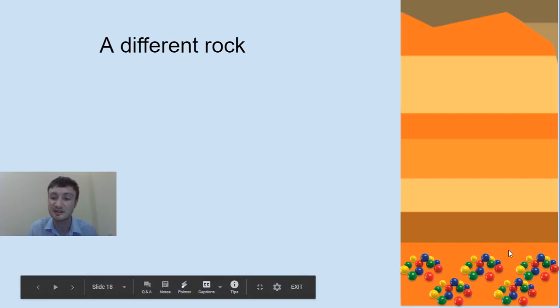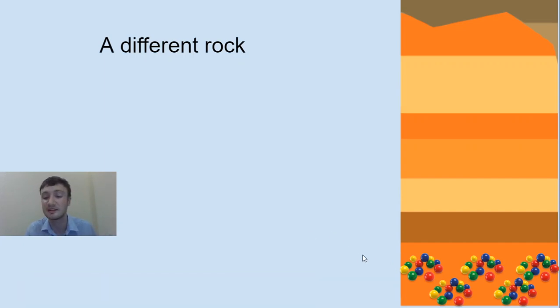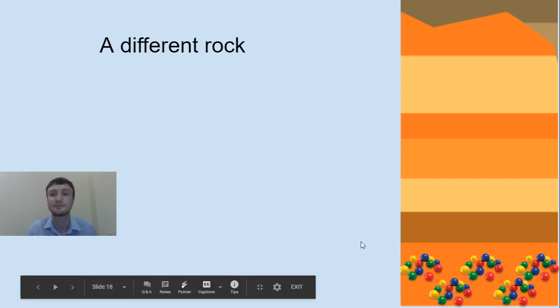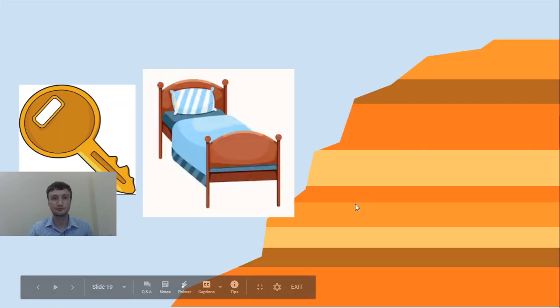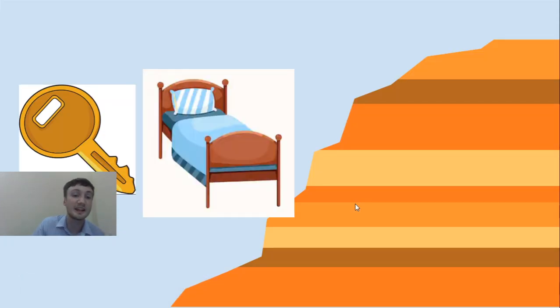So if we look at this layer of rock, this is in a different rock, we can guess that this layer, yep, you guessed it, this layer must also be 65 million years old. Okay, great. So we have a name for this.